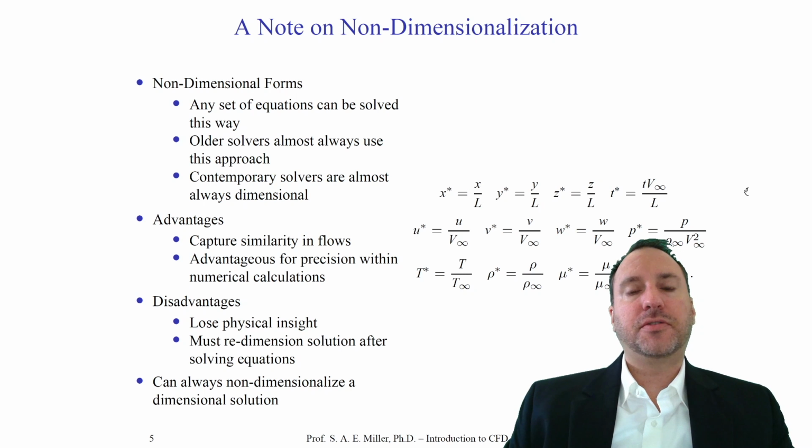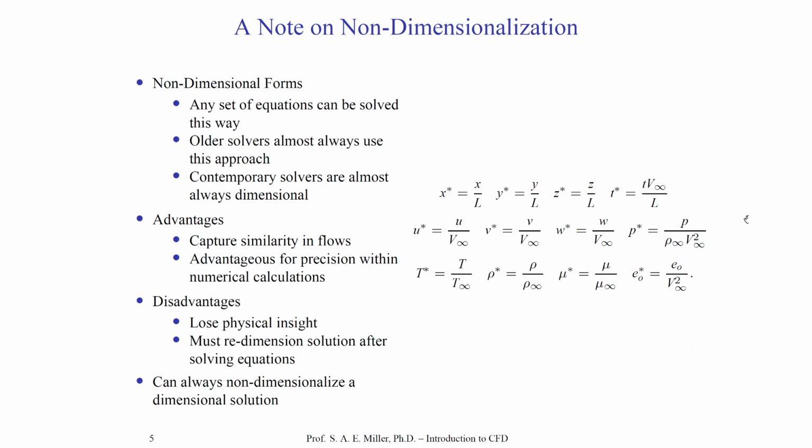A non-dimensional unit does not have any units at all. For example, on the right, I've shown the particular non-dimensionalization which is almost universally used in the non-dimensionalization of equations of motion in computational fluid dynamics. We write the non-dimensional form of the variables with a star. Here, x, y, and z, and t are space and time.